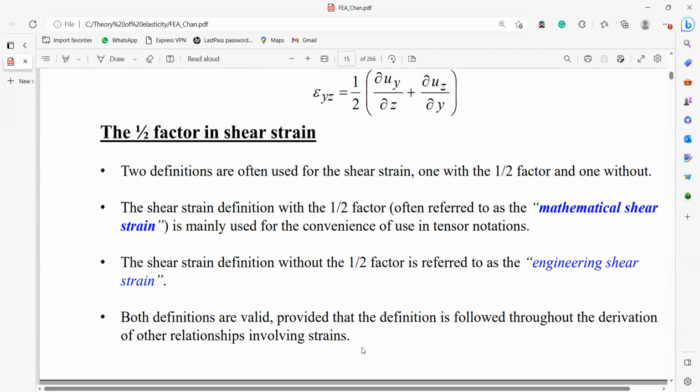And if you take the normal engineering shear strains, you won't observe this half factor. So both these definitions are valid. Let's see for a particular problem how both make sense.